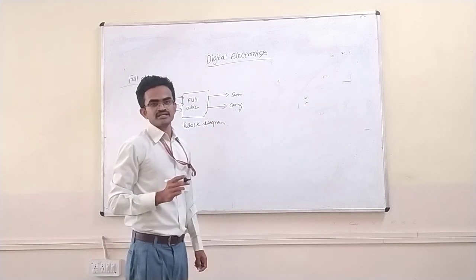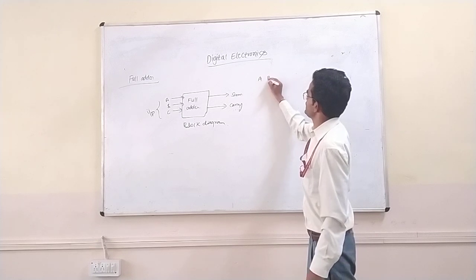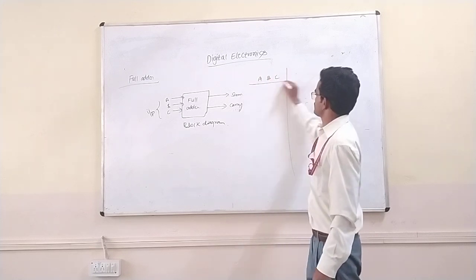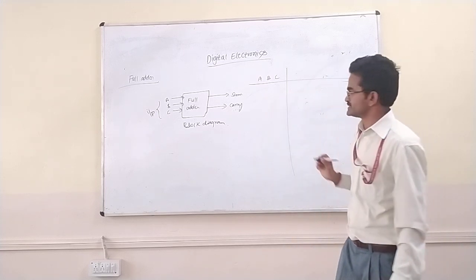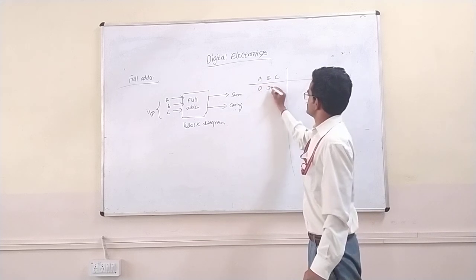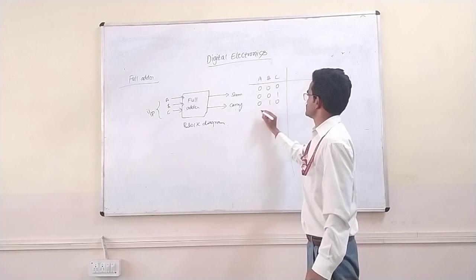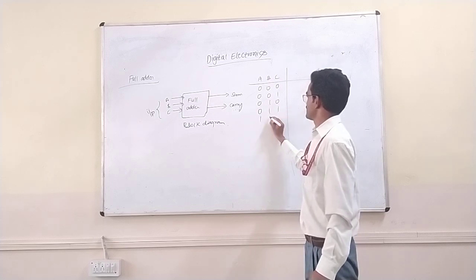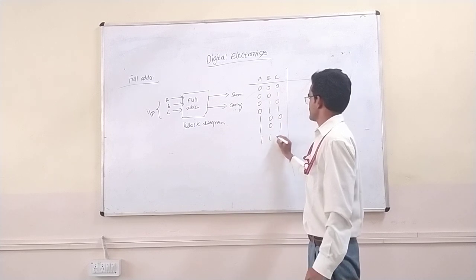Now we need to write the truth table. Consider 3 inputs here: A, B, C. With 3 inputs, what are the possible combinations? 2 to the power of 3, which is 8 possible combinations. First write all the 8 possible combinations: 0 0 0, 0 0 1, 0 1 0, 0 1 1, 1 0 0, 1 0 1, 1 1 0, 1 1 1.